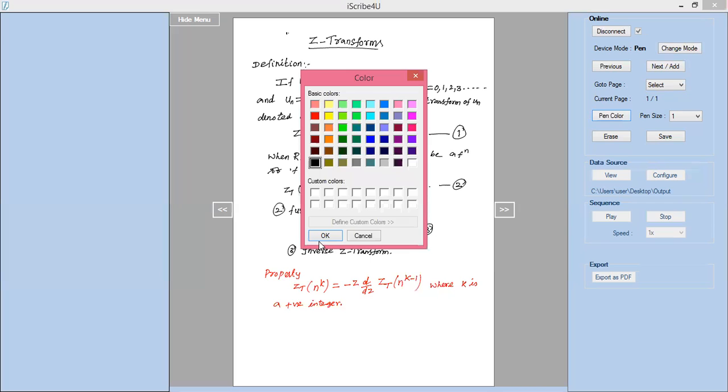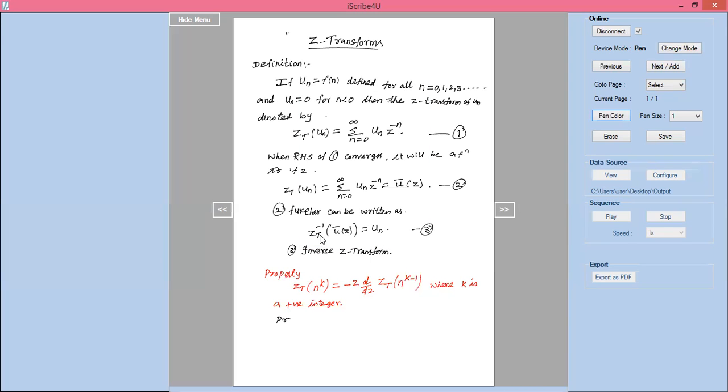Proof. Now we'll take the RHS. RHS is minus z into d by dz of Z transform of n power k minus 1. What is the Z transform of n power k minus 1?